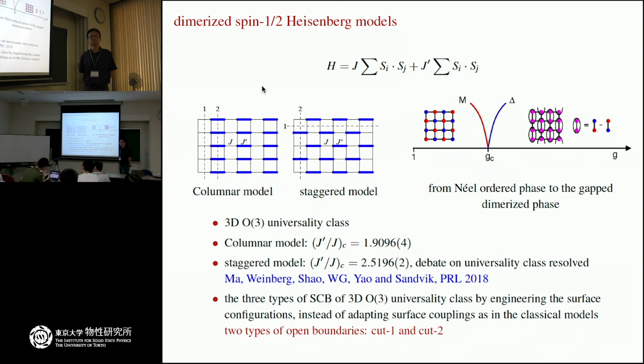I see. So my question is, why didn't you see such an effect in this? Yeah, you have to ask Wenan, because I have no idea. As you said, in some other cases, the effect of this irrelevant scaling field was visible. But you see the difference is many decimal places away, right? I see.